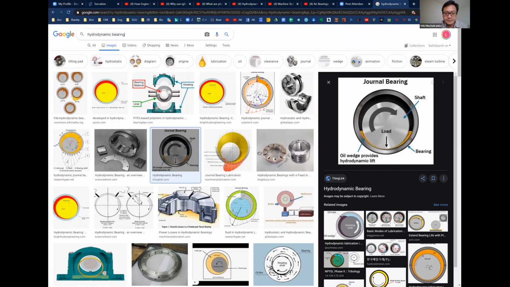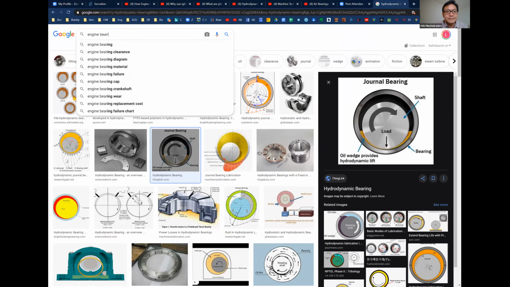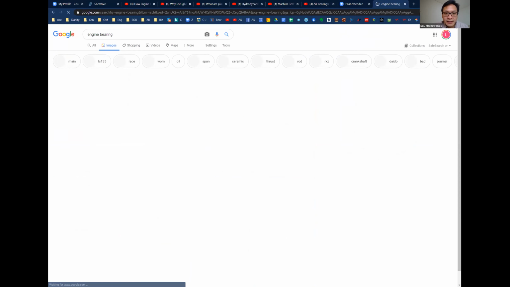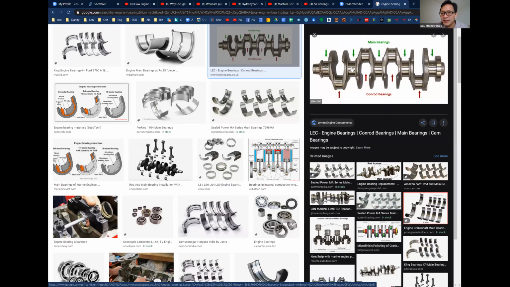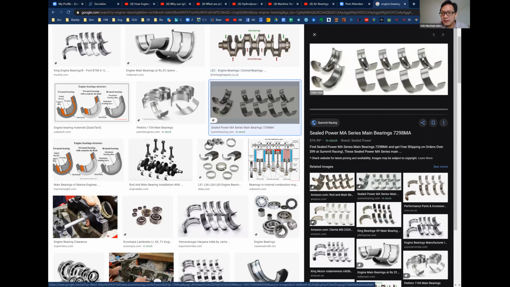Okay, engine bearing. So you see your crankshaft is like this, and each one of these shiny surfaces is covered with this setengah lingkaran bearingnya ya. It actually clamps onto these journals. These holes are for the lubrication to come in.